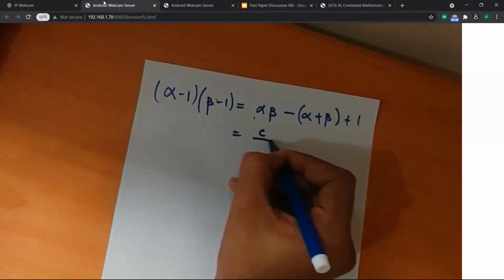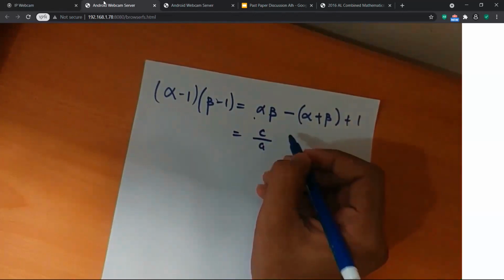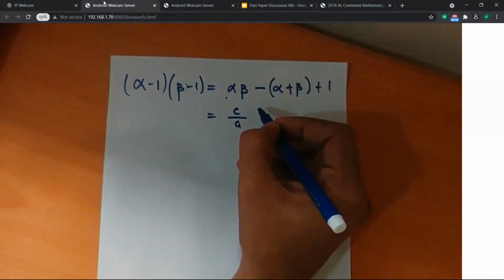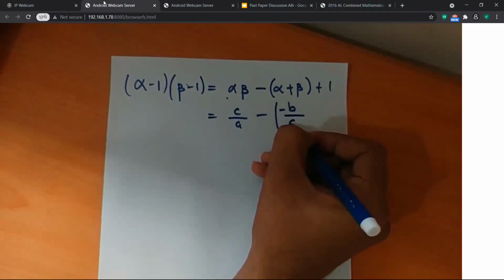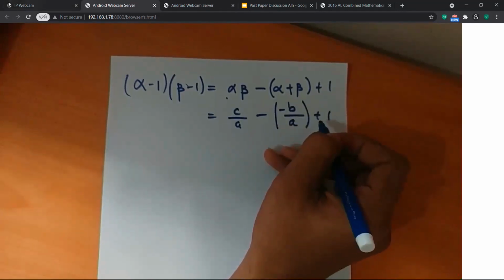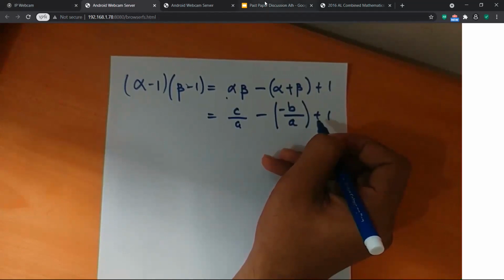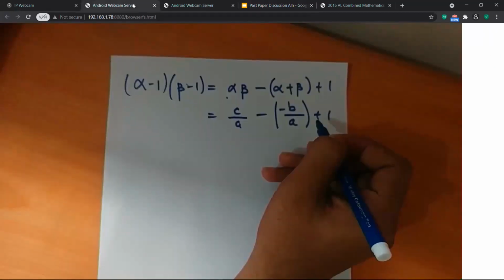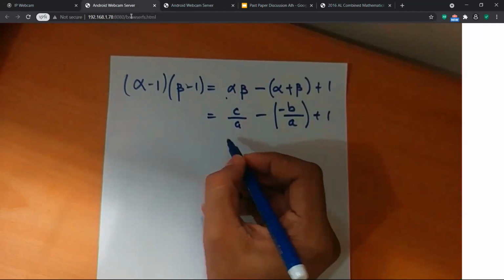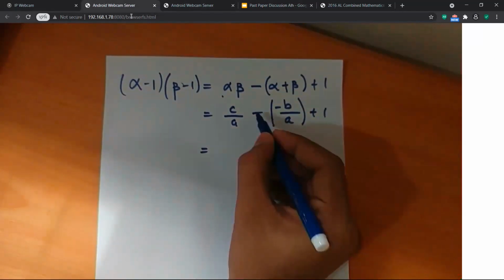Alpha beta is c over a, alpha plus beta is minus b over a, plus 1. Look at the answer as well before this, because of simplifying. So we need 1 over a times (a plus b plus c). So what do we need to do? From 1 over a, you can take a out, right? So minus into minus becomes plus.